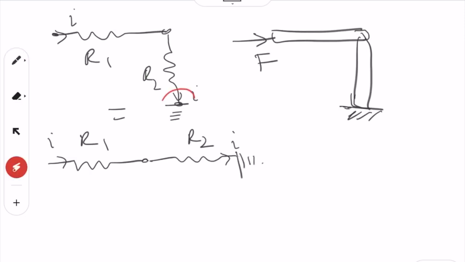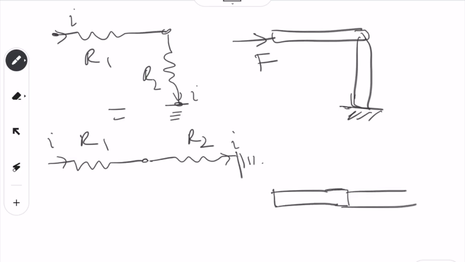So here I have grounded, here also I have grounded, the same way I have grounded like this, and if we draw like this, both are not the same.